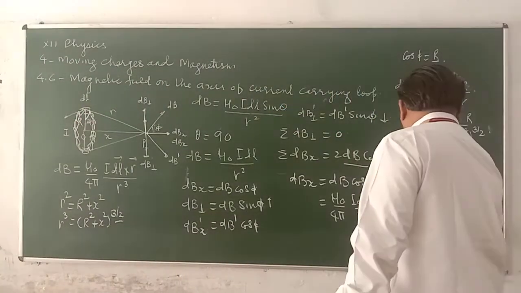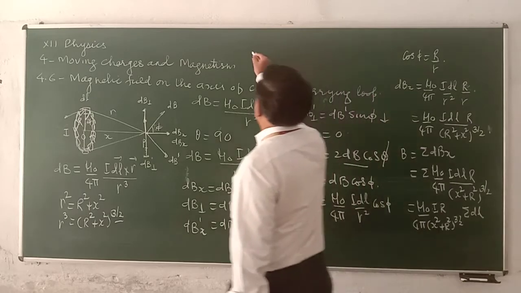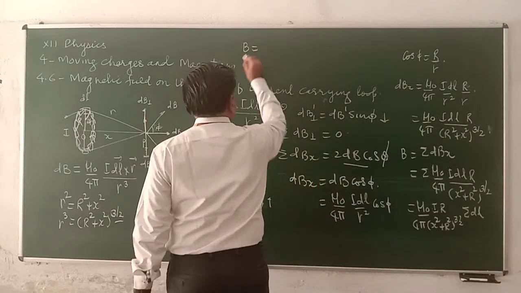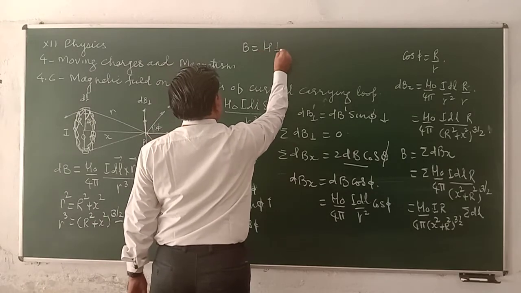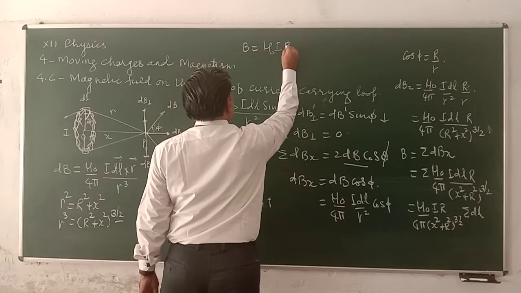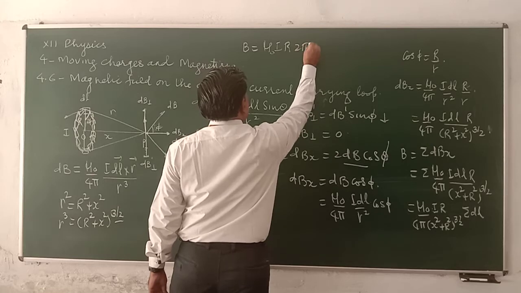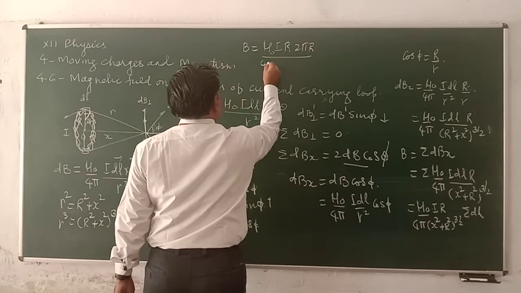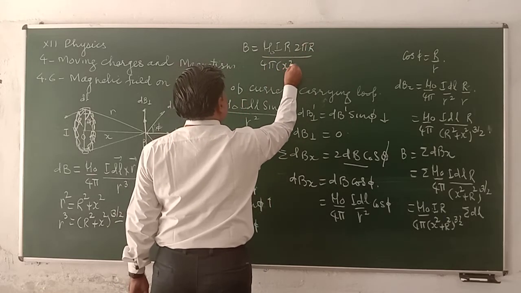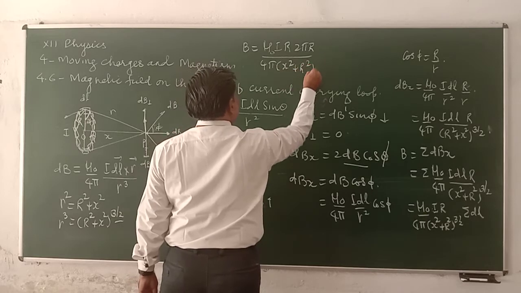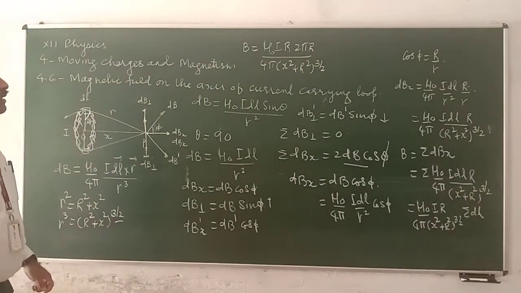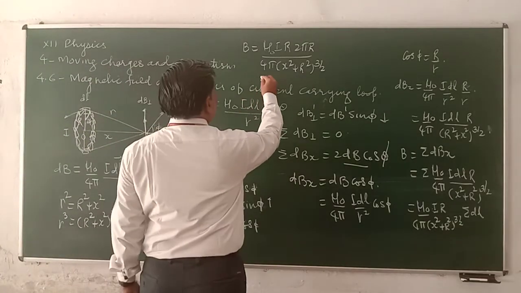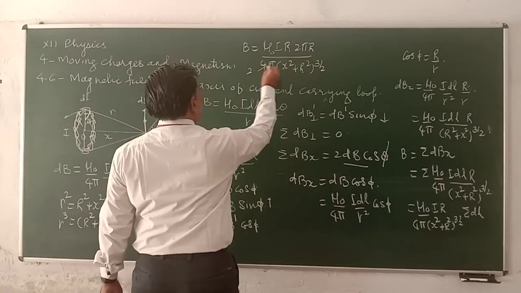So this B is equal to mu 0 I r times 2 pi r divided by 4 pi, x square plus r square raised to 3 by 2. You can cancel it, this one is here 2.